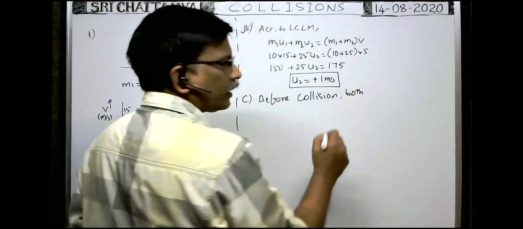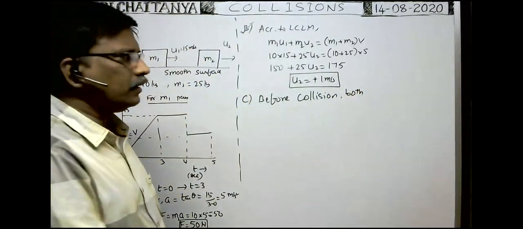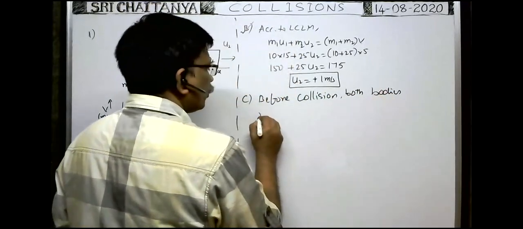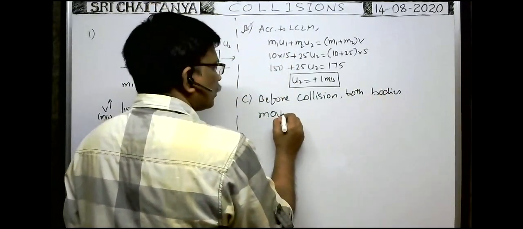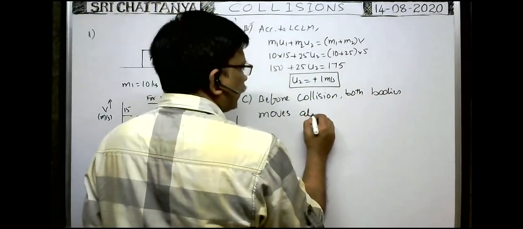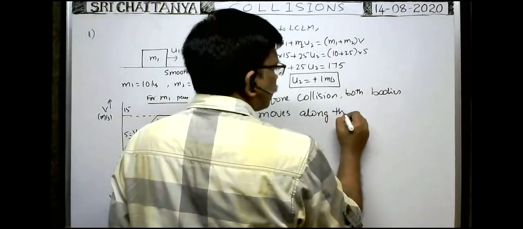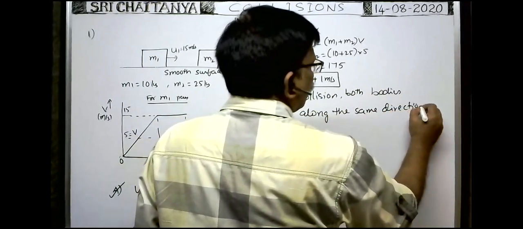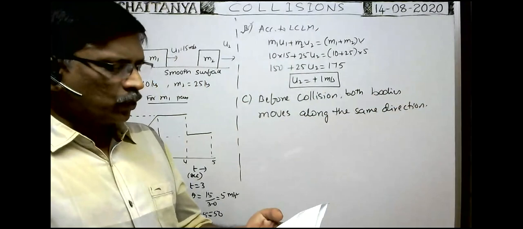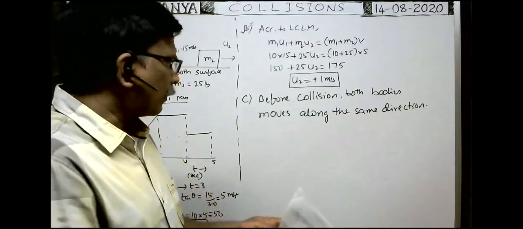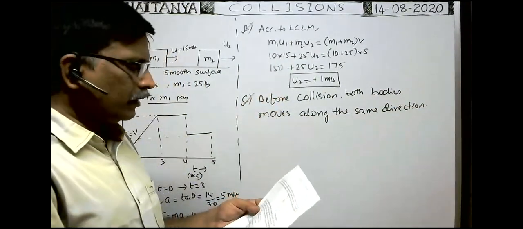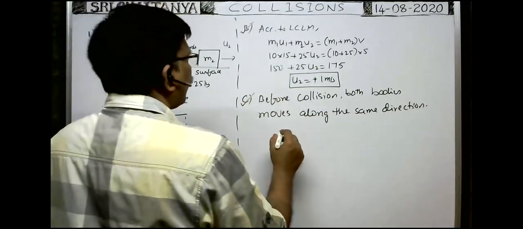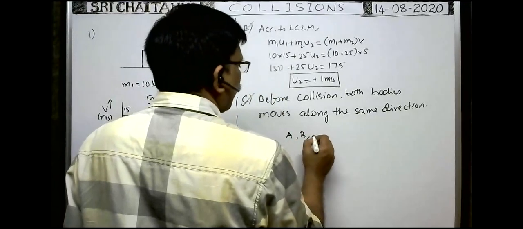So option C is also correct. What is option D? Before collision, the bodies are moving in opposite direction. So that is not correct. So the answer is options A, B, C are correct.